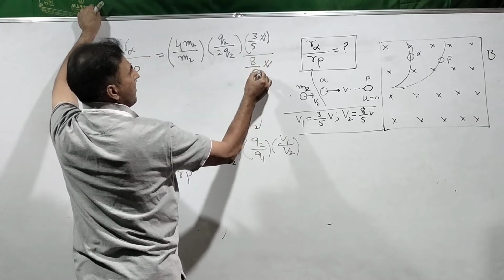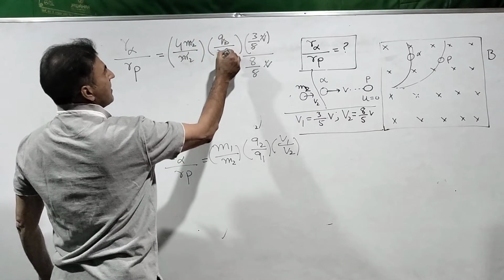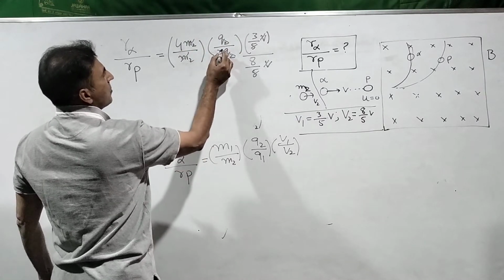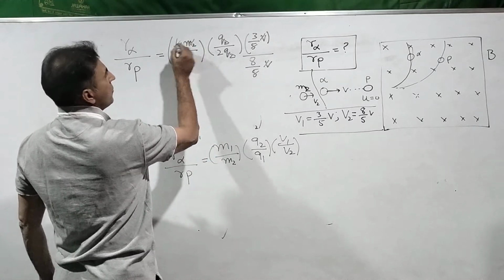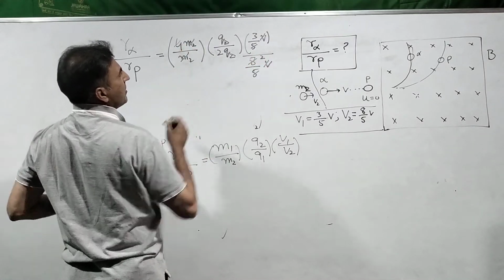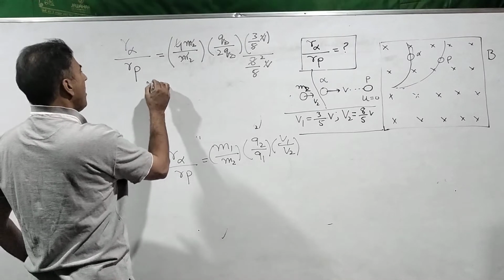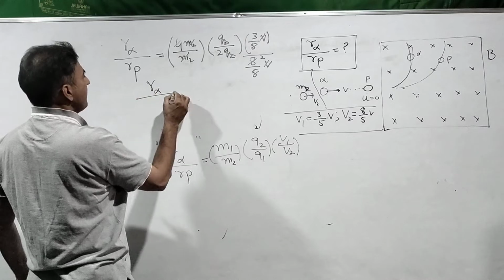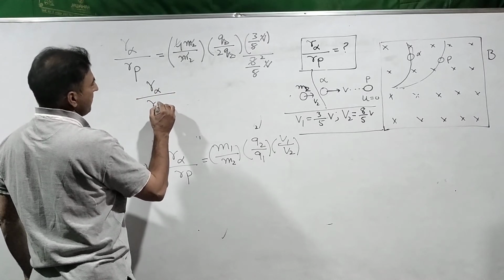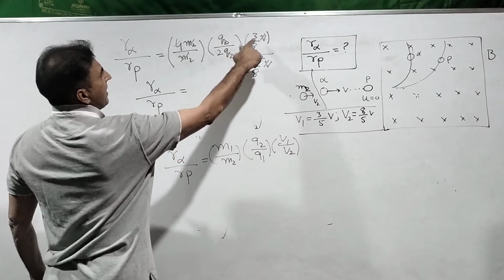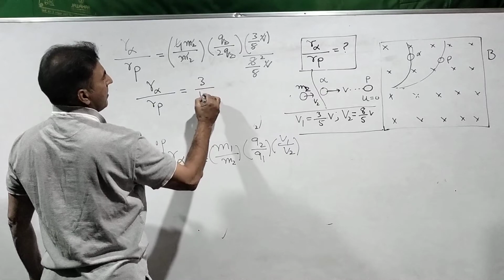v cancels, and 5 also cancels. m2 cancels. It is 8 here, 4 twos are 8 here. So what is the answer? The answer is R alpha, the radius of the path of the alpha particle, divided by the radius of the path of the proton, is equal to 3 divided by 4.